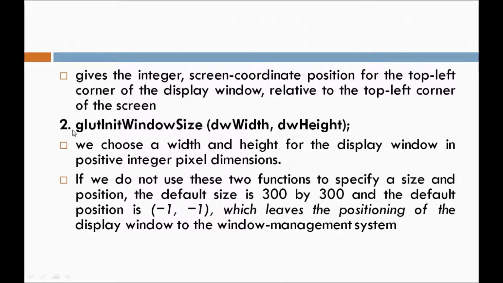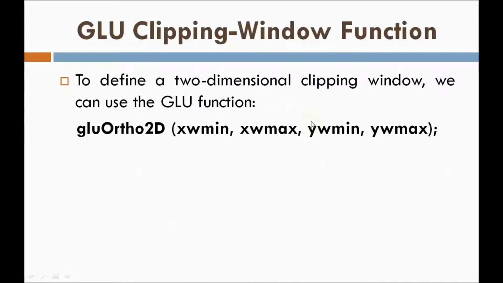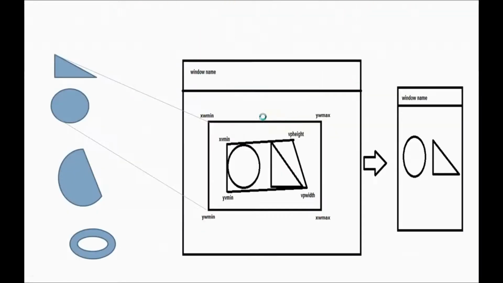Now after setting the window position, you have to set the size of the window, because that is very important. The command is glutInitWindowSize. For every window there will be a width and a height, and you have to specify the size of the window.